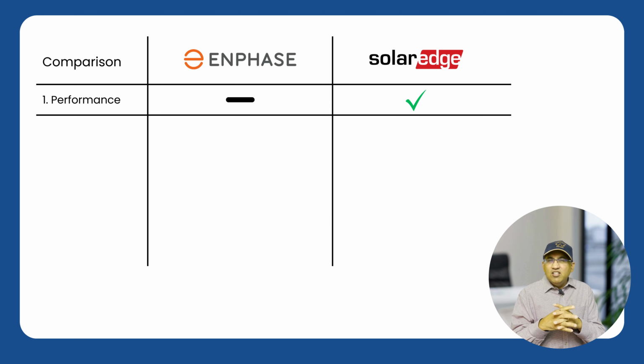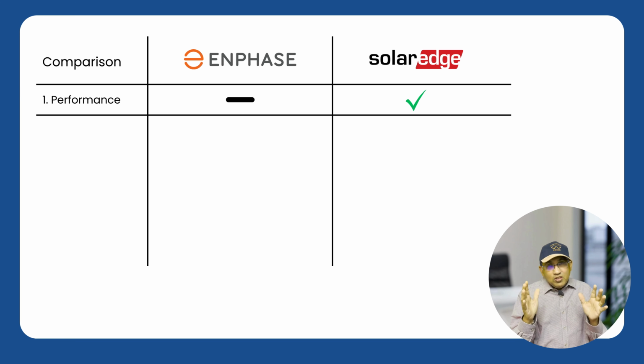But the difference is not very big, it's marginal. Now, if this were the only metric on which you were comparing Enphase versus SolarEdge, then yes, the SolarEdge scores over the Enphase on this metric. But again, small difference. Let's get into other aspects.